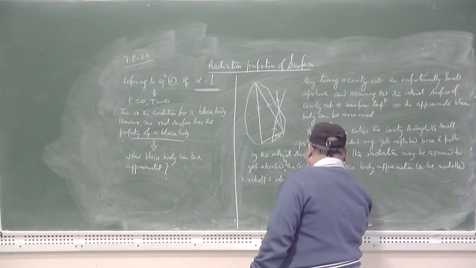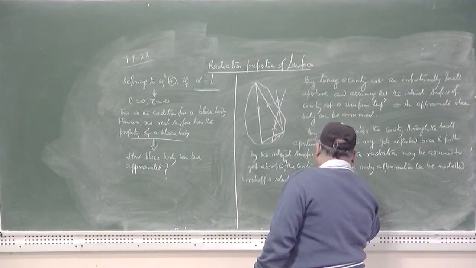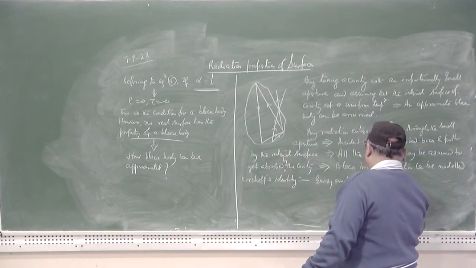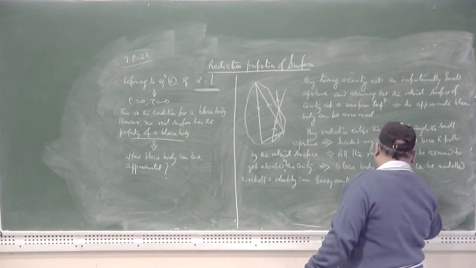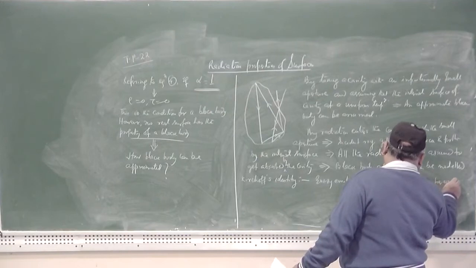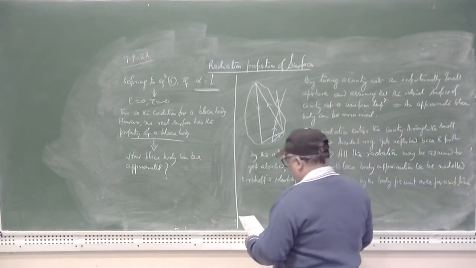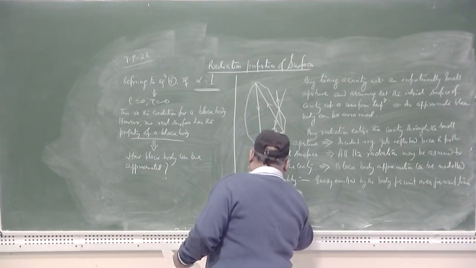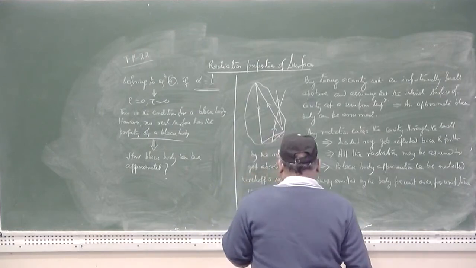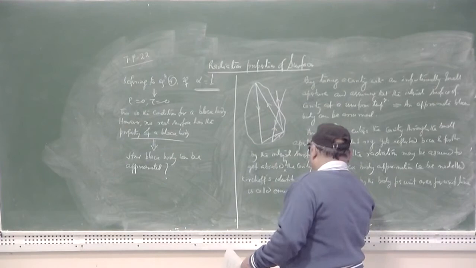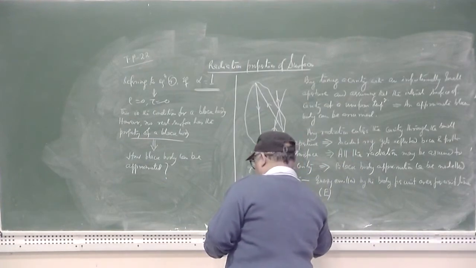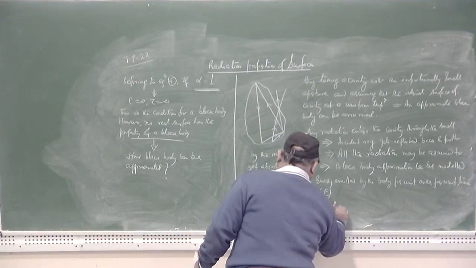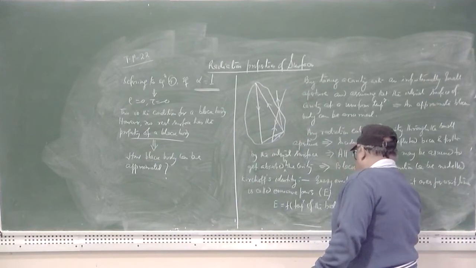As you know, the energy emitted by the body per unit area per unit time is called the emissive power, and this is denoted by the letter E. E is a function of the temperature of the body and the wavelength of radiation.